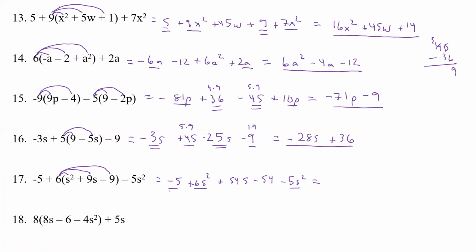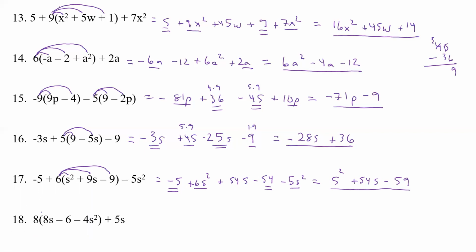But we have a number and a number, okay? So 6 minus 5 is 1, and so that's going to be an s squared, okay? Then we have plus 54s. And then we have minus 5 minus 54, so that's going to be minus 59. And so that should be our solution there.